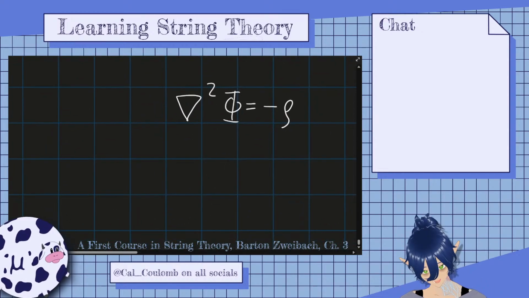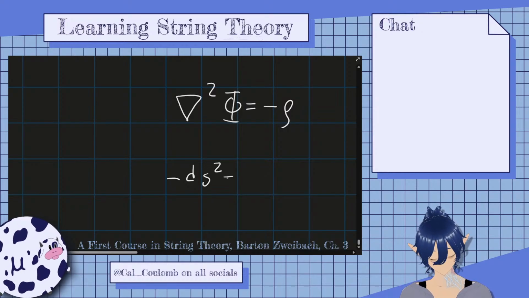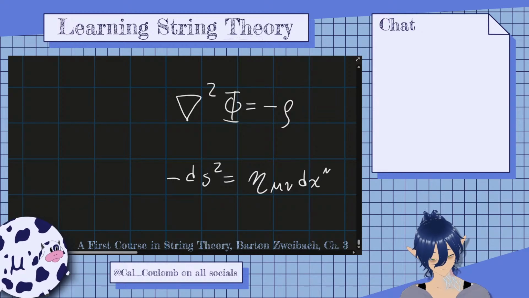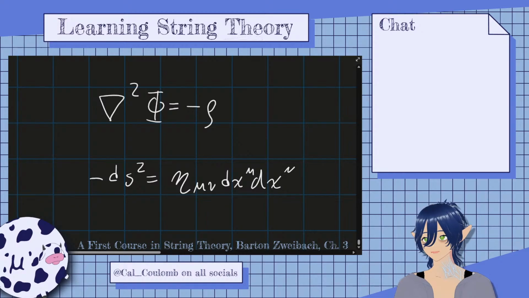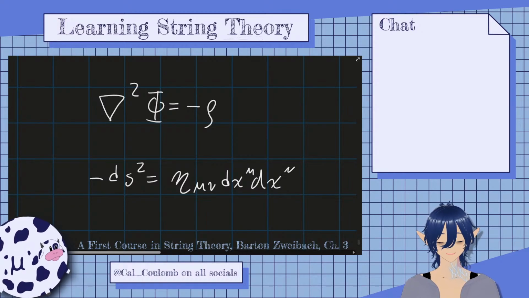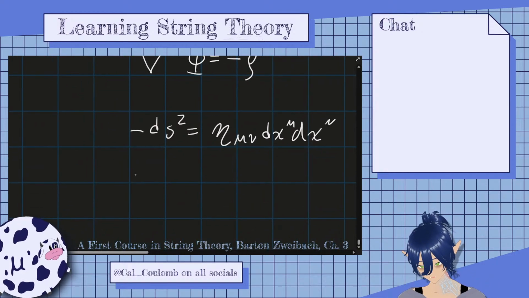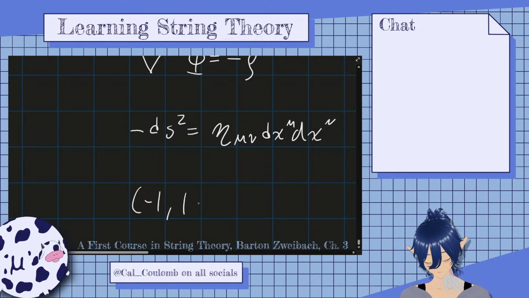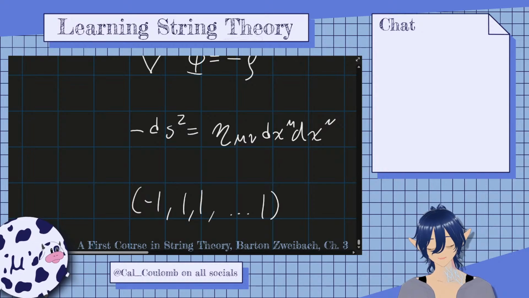So that was from last time: minus ds squared is equal to eta mu nu dx mu dx nu. Here, the Minkowski metric eta mu nu is a constant metric represented by the matrix with entries minus 1, 1, 1, and so on, along the diagonal. Minkowski space is said to be a flat space.